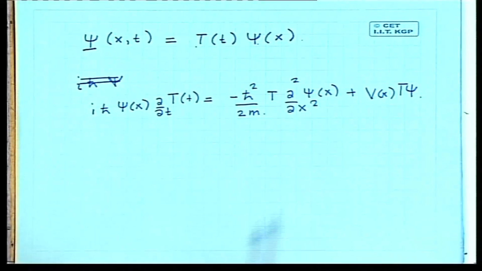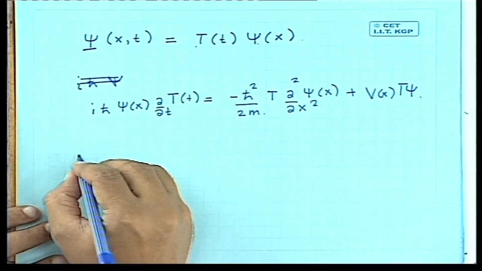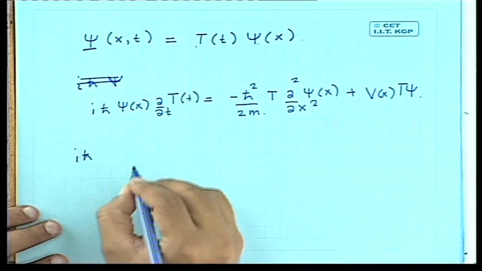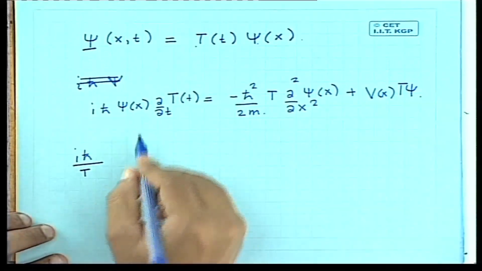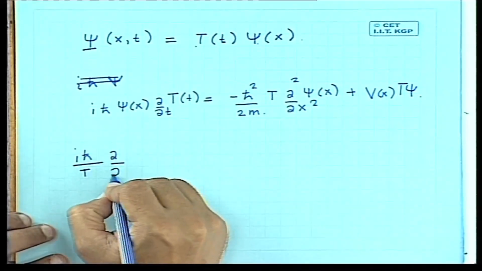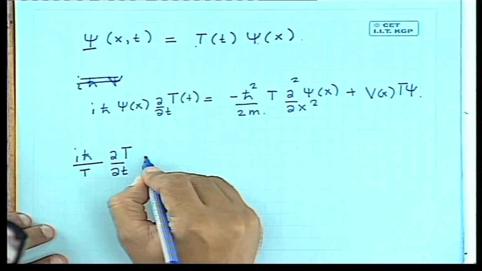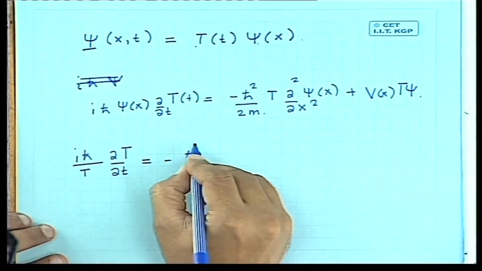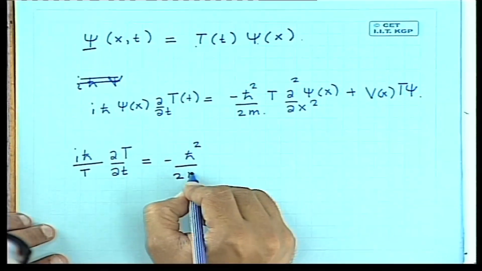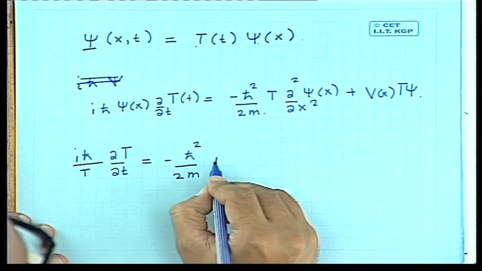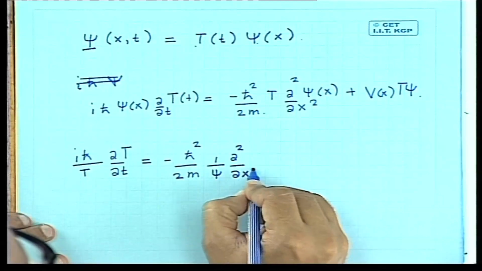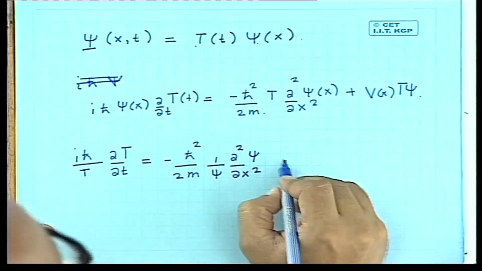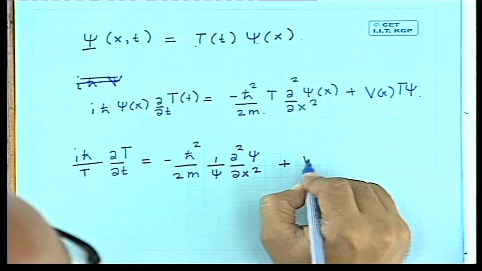And if we divide this equation by psi into T, then we get the following. We get i h cross, we divide it by psi into T, so we have 1 by T here, the psi gets cancelled out, so we have del by del t of this capital T is equal to minus h cross square by 2m, 1 by psi del square del x square psi, plus V of x.